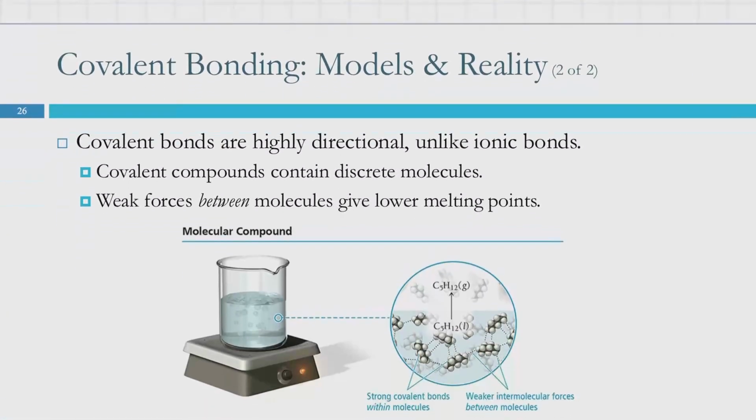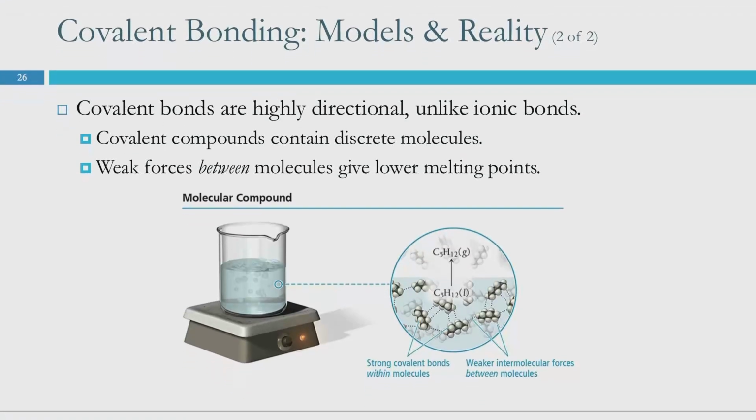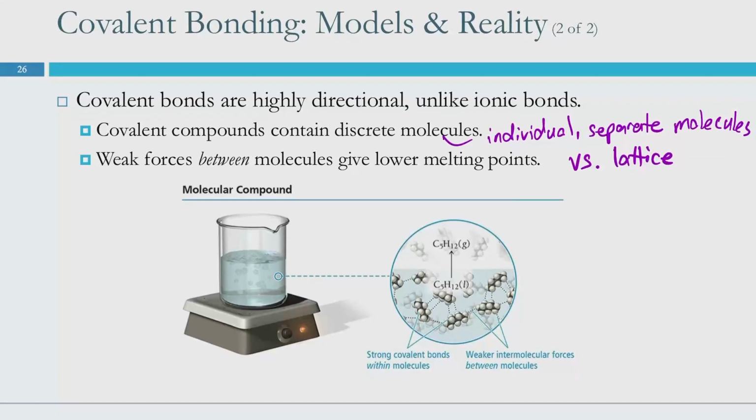Unlike ionic bonds, covalent bonds are highly directional because they're just shared between two atoms rather than being positive and negative charges all the way around. So covalent compounds form as discrete individual molecules rather than a lattice, a repeating pattern of positive and negative charges.